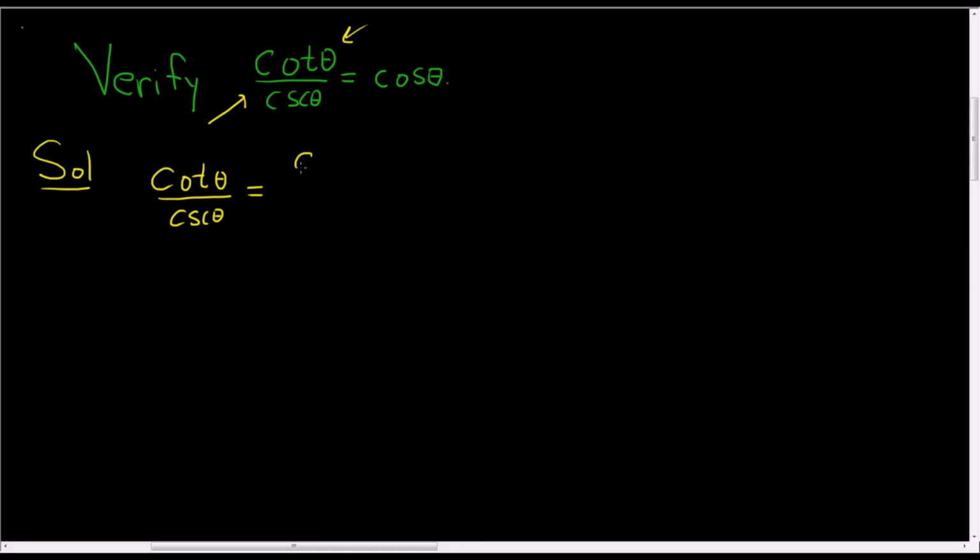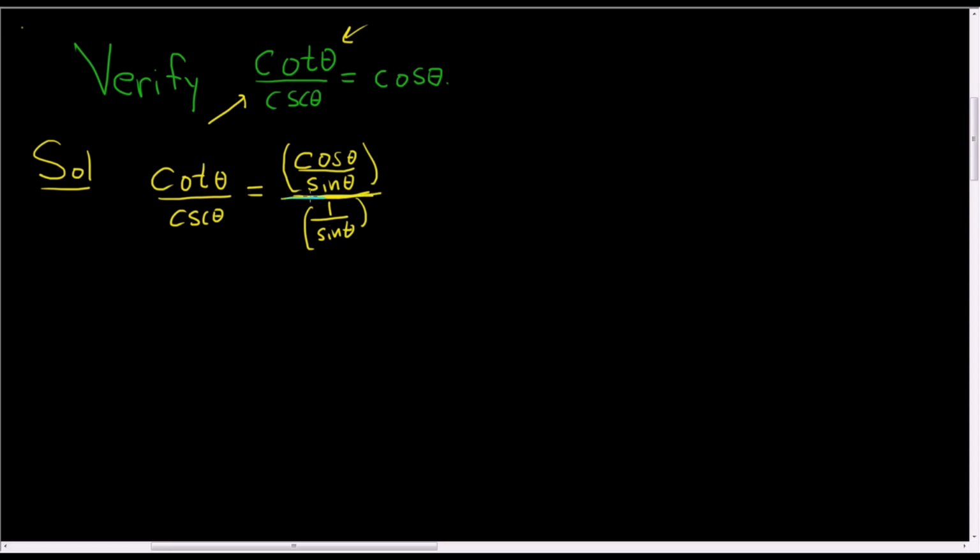So cotangent is cosine theta over sine theta. And cosecant is 1 over sine theta. Okay, so we have a fraction over a fraction. This bar here, that means division, right?